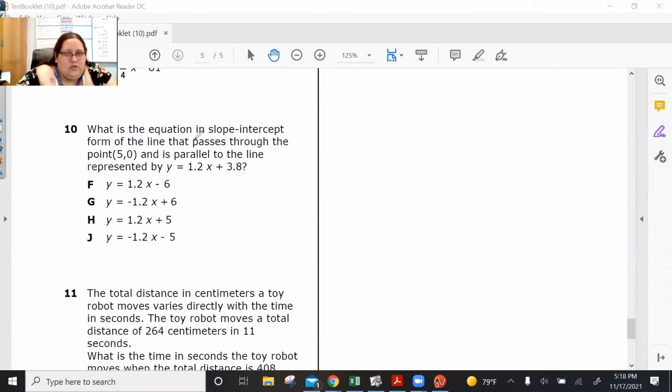What is the equation in slope-intercept form of the line that passes through the point 5, 0 and is parallel to the line represented? Parallel means the same slope. So this says negative, so that was positive. So we're down to 2. We're down to y equals 1.2x minus 6 and 1.2x plus 5. And we want to go through the point 5, 0.